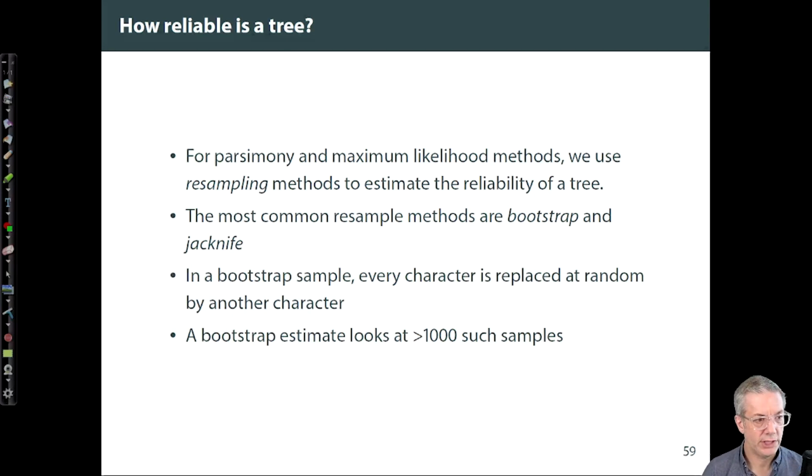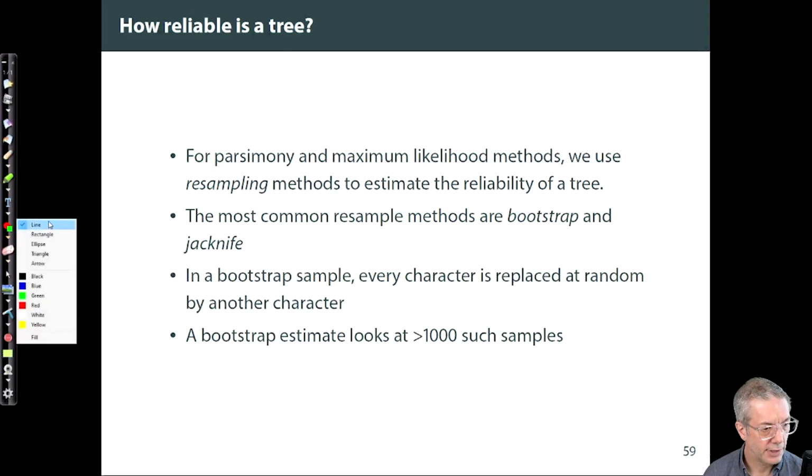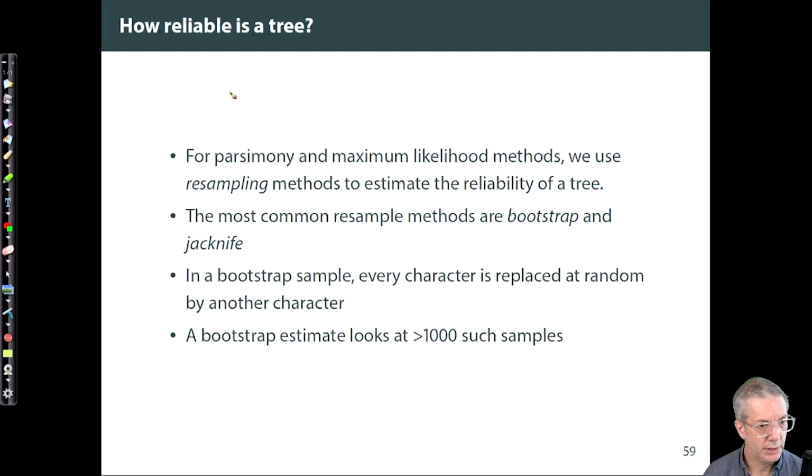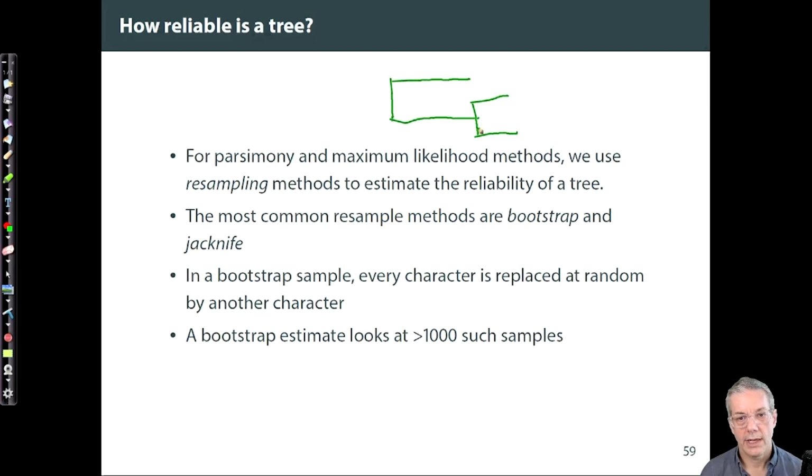Well, let's say we have a tree that looks like this, and we have a tree here. Now the question is, is it that tree, or is it one of the other trees that is possible with these three things?